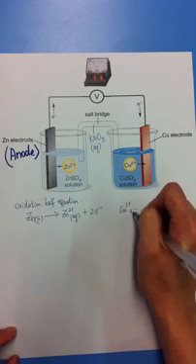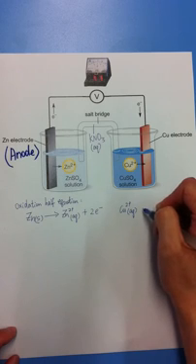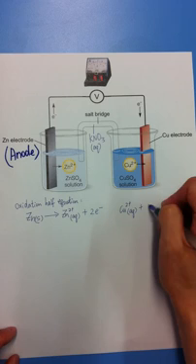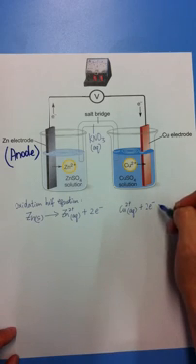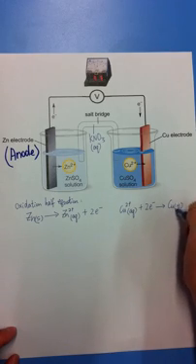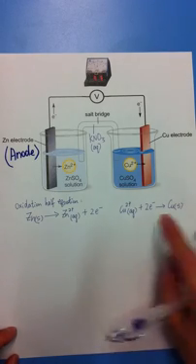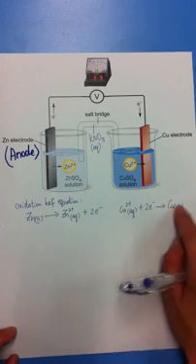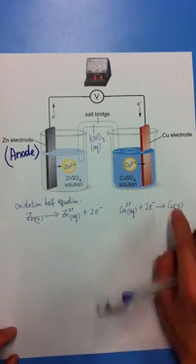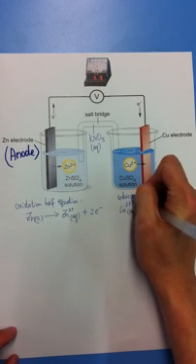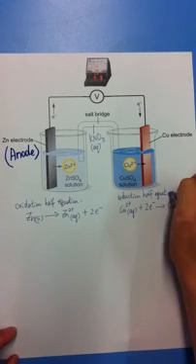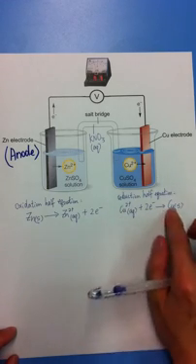Copper(II) ion is being reduced by gaining electrons, by accepting electrons to form copper metal, represented by this equation. This half reaction is called the reduction half reaction equation, represented here.